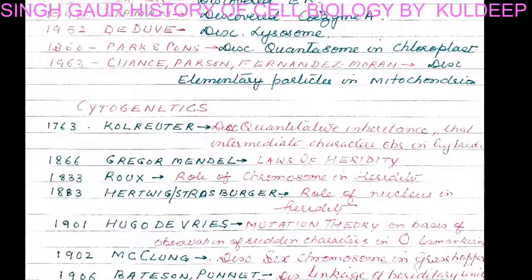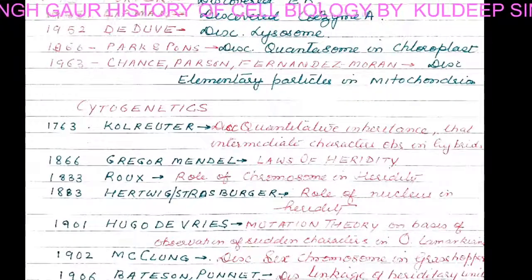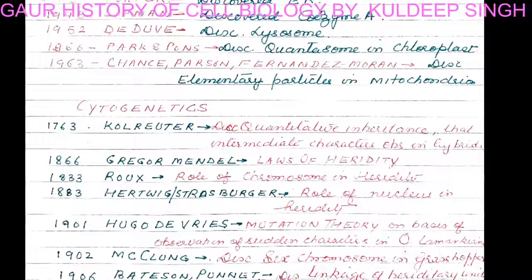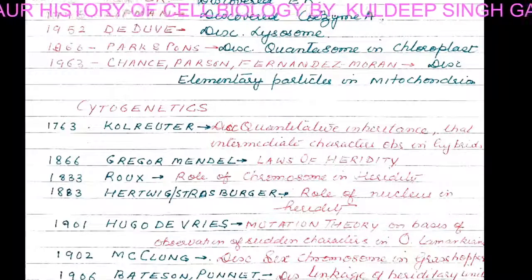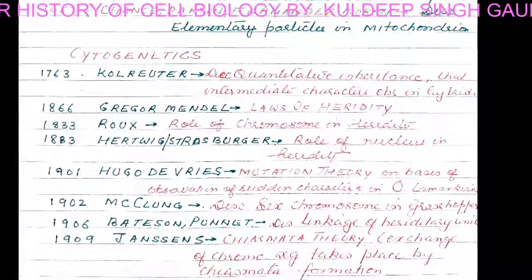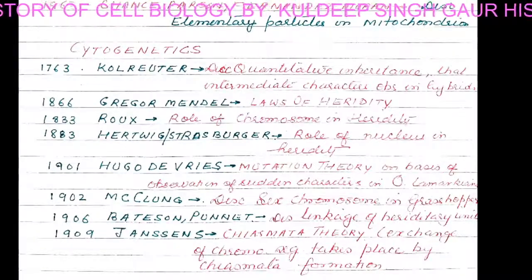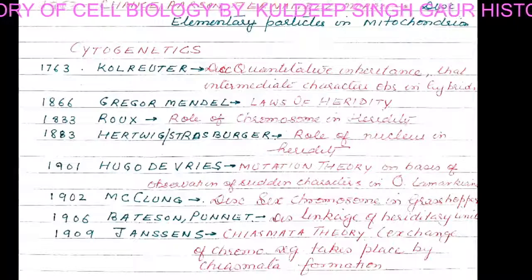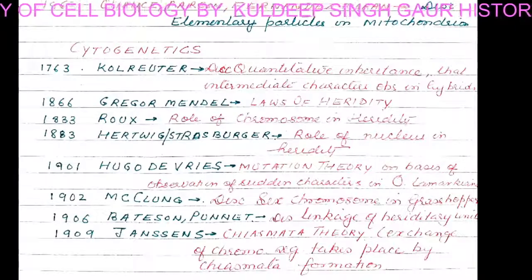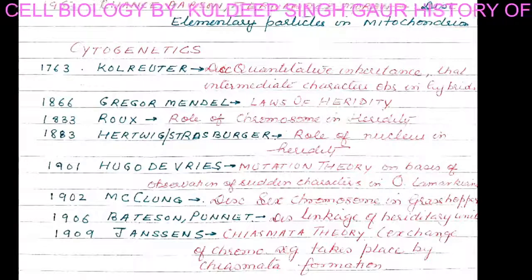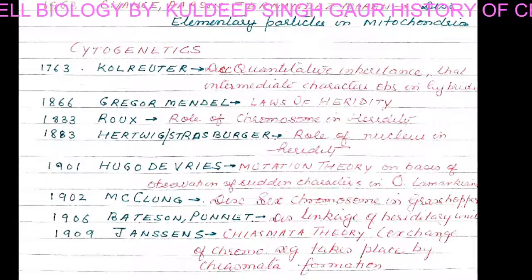As far as cytogenetics is concerned, Kolreuter discovered quantitative inheritance, that intermediate characters are observed in hybrids. Gregor Mendel's famous laws of heredity were given by him in 1866, and in 1883 Roux stated the role of chromosome in heredity.